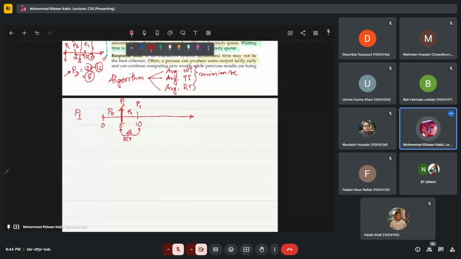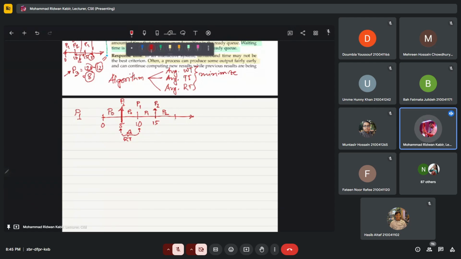Now this is part of the waiting time as well, because say P1 gets the CPU, executes for 5 units, and at 15 you have a higher priority process P2, right? P1 was executing for this duration, and then the higher priority process arrives. So P1 will be swapped out of the CPU and P2 will be given the CPU.